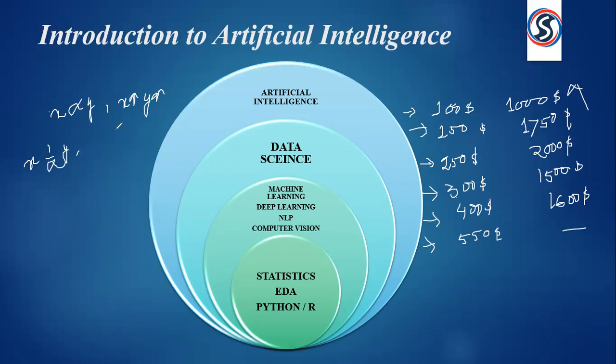That means when my x increases, my y will decrease, or else when my x is decreasing, my y is increasing. These are the two conditions that I have.